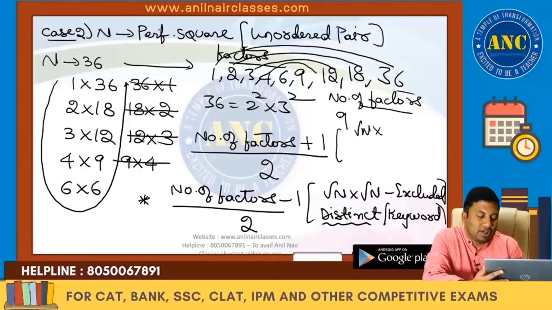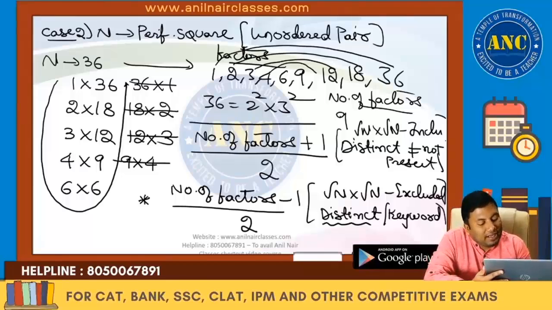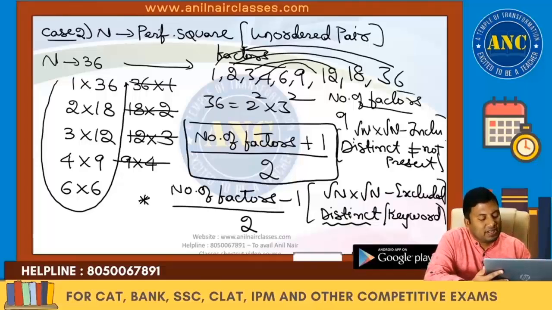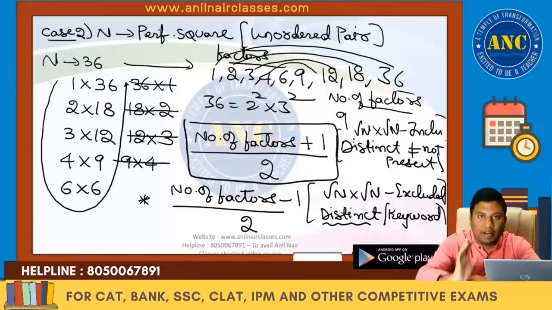If the distinct keyword is not there, we have to include root n into root n. Please understand the subtle difference, otherwise you might lose that calculation and get a different answer. If the distinct keyword is not present, use the number of factors plus 1 by 2. If it is present, use the number of factors minus 1 by 2. I hope it is clear.